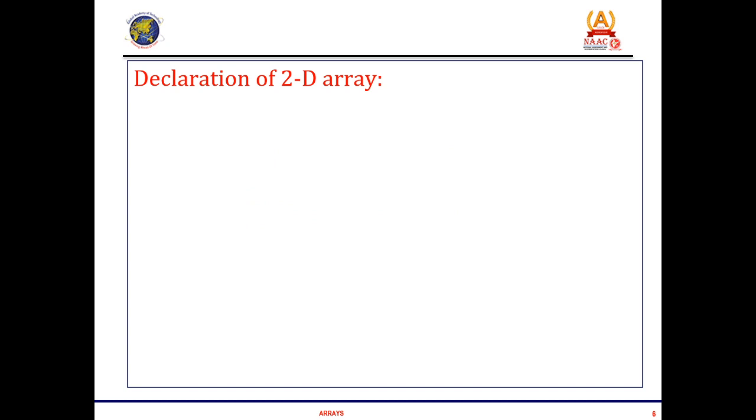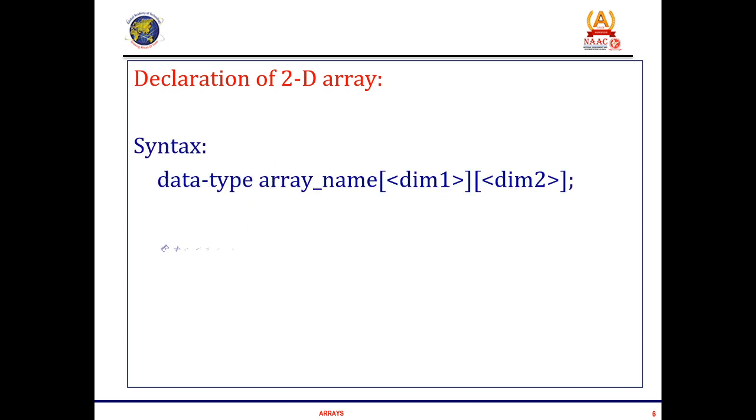So I have a declaration of a two-dimensional array. The syntax is like this. You have the data type followed by the name of an array, and both the dimensions are enclosed in pairs of opening and closing square brackets.